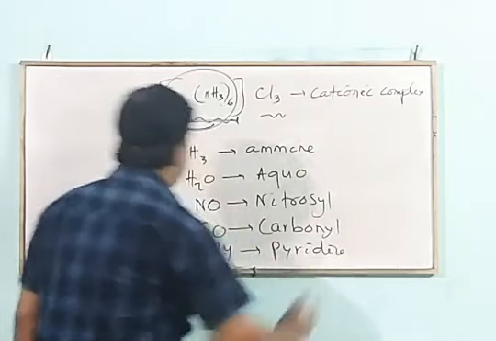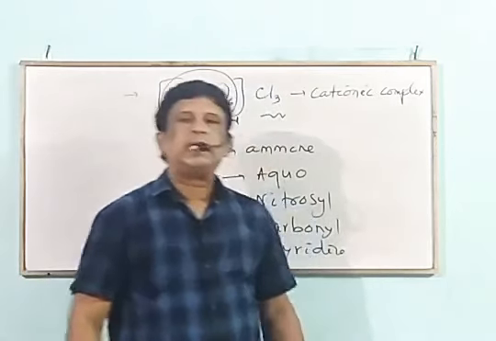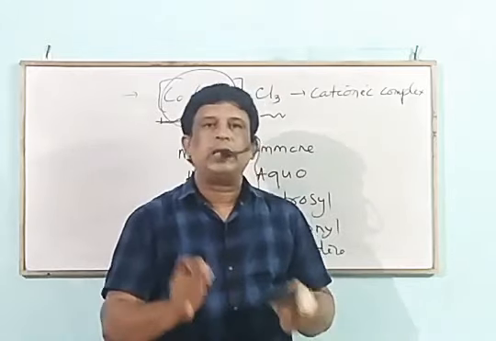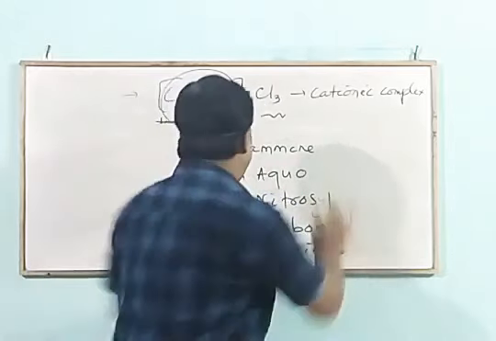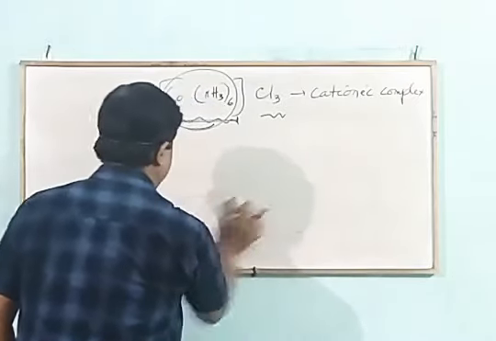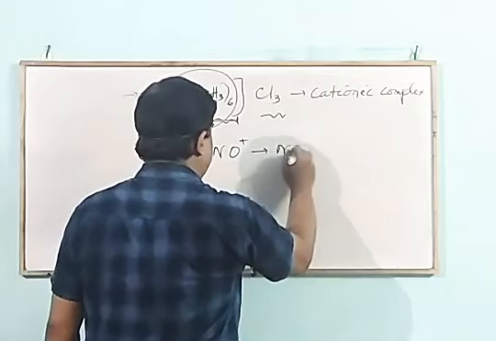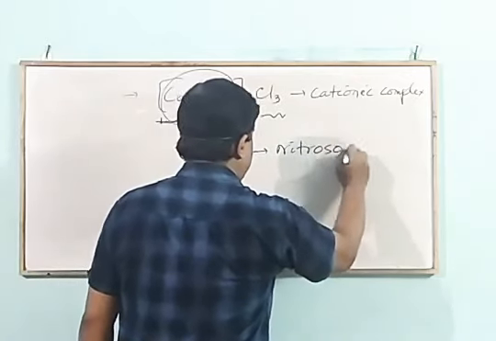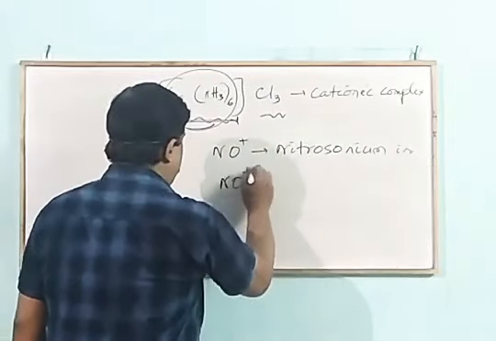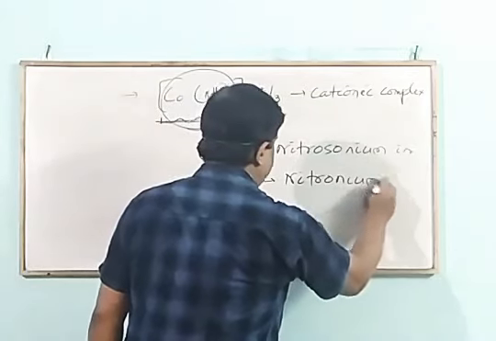These are some examples of neutral ligands. Next is the cationic ligand. If it is a cationic ligand, then the name ends with -ium. Mark that. NO plus is the nitrosonium ion, NO2 plus is the nitronium ion, etc.